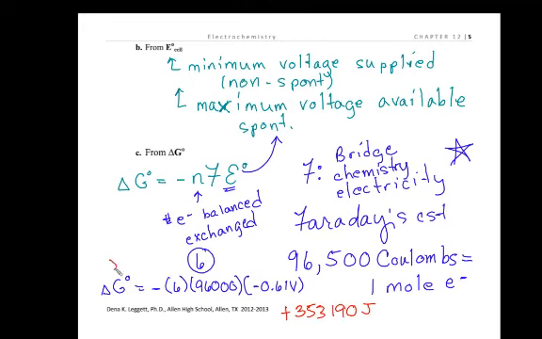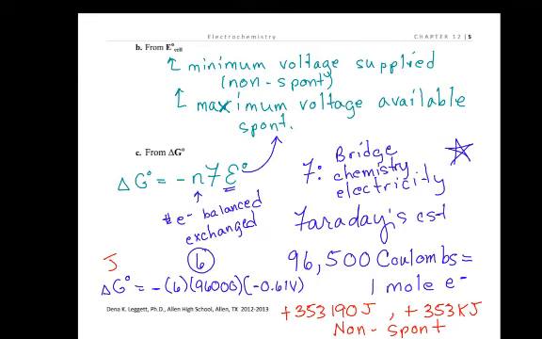So you've got to have delta G in joules to use this equation, which would be the equivalent of plus 353 kilojoules, which you now know is a non-spontaneous situation. That says nothing about rate. It just means we have some significant thermodynamic barriers that must be overcome in order for this reaction to proceed to form product.